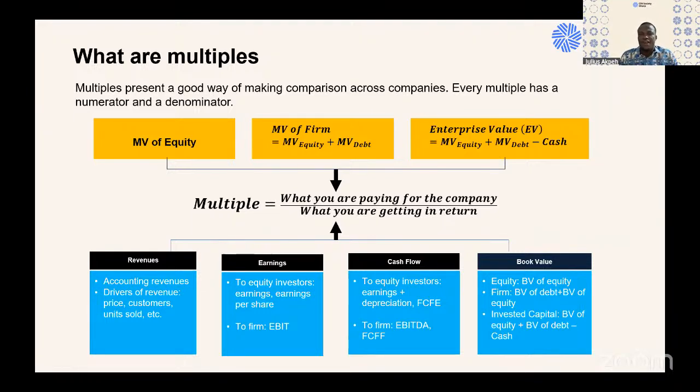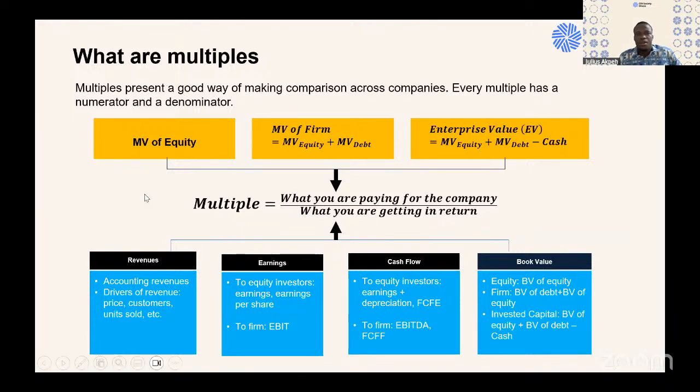With enterprise value, you have market value of equity plus market value of debt minus cash. So that's enterprise value, right? So if we take the market value of the firm minus cash, it gives us the enterprise value. So these tend to be the common numerators of several multiples.